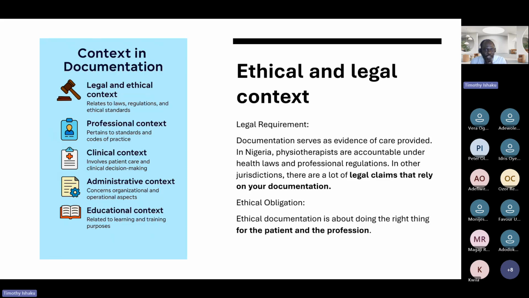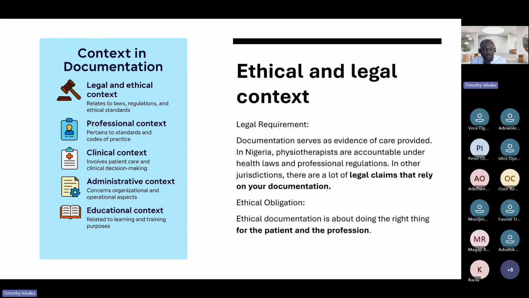Now, the context. I think we've talked about this briefly in our previous slides. There are ethical and legal contexts whereby, as per legal requirements, legal claims rely purely on documentation.